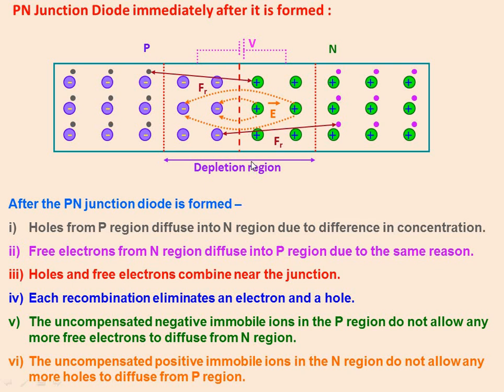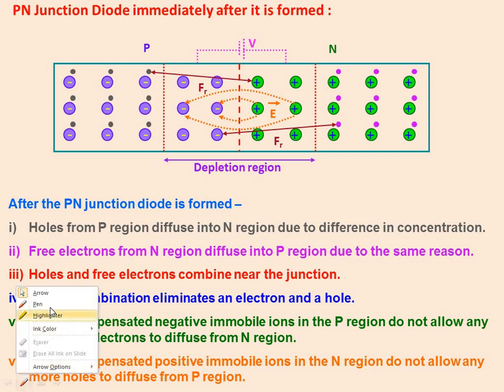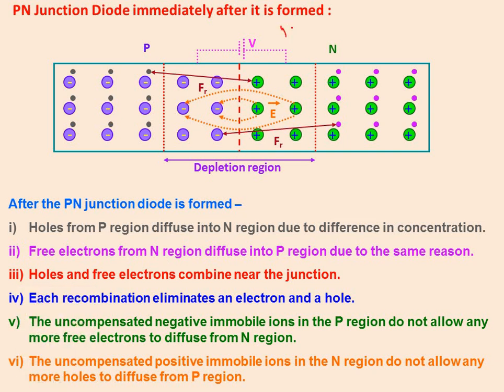When the depletion layer is sufficiently built up, it prevents the further diffusion of the electrons from N side to P side and holes from P side to N side, which means it acts like a barrier, and also we can call this potential, whatever the pseudo battery is having, barrier potential. Are we clear with this?